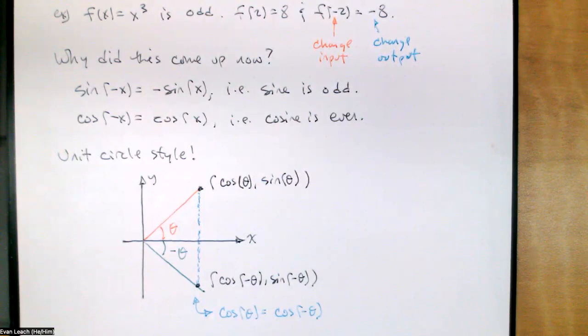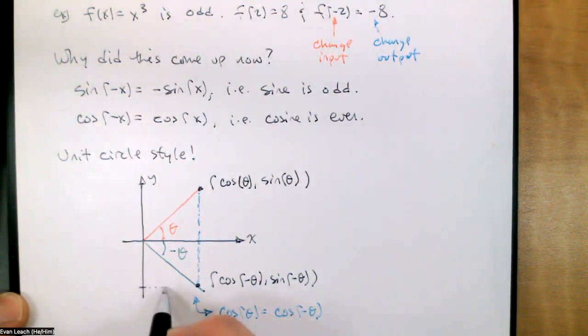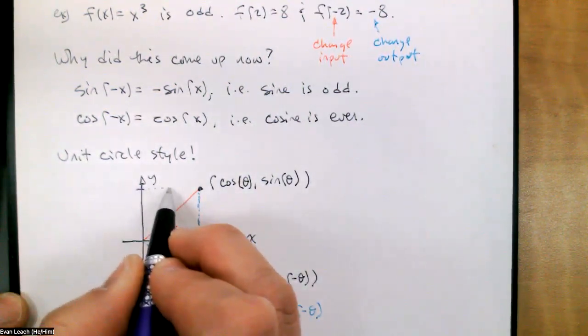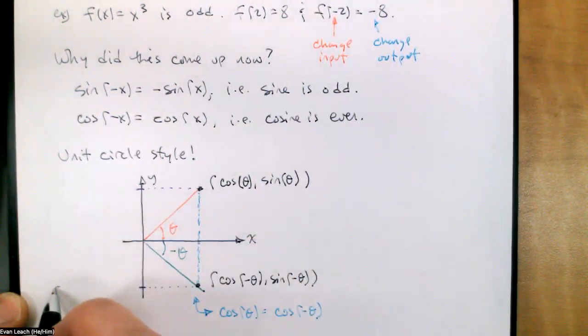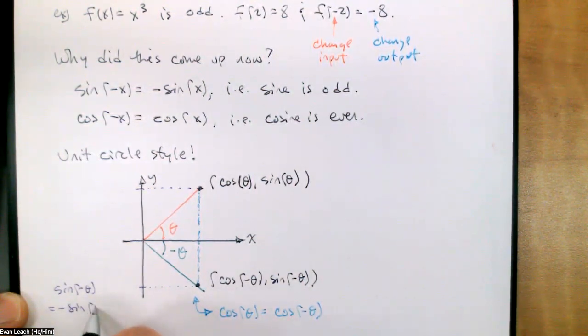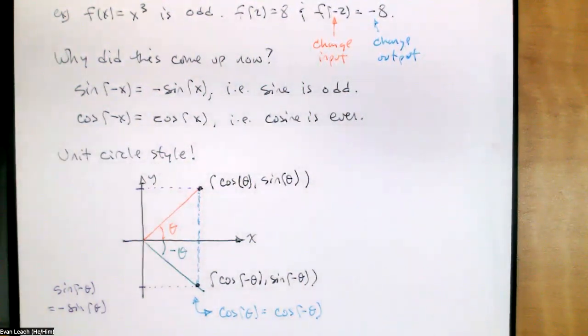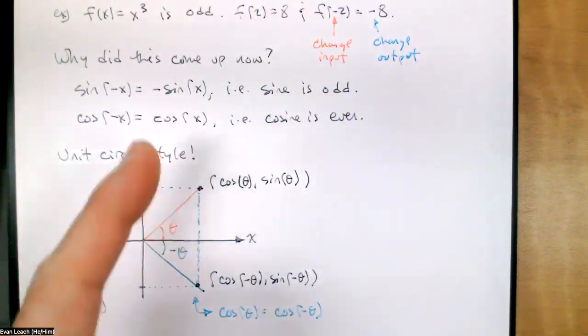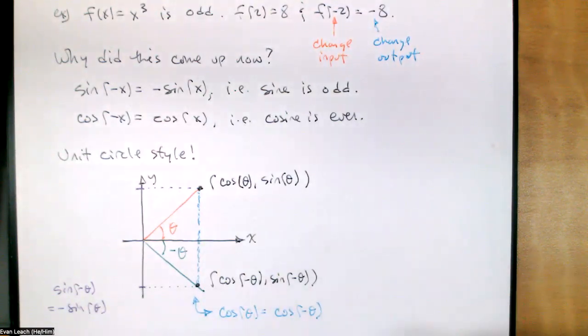But the sine of theta and the sine of negative theta have opposite y coordinates. So changing the sign of our input changed the sign of our output. So we can actually see this evenness and oddness in the unit circle.